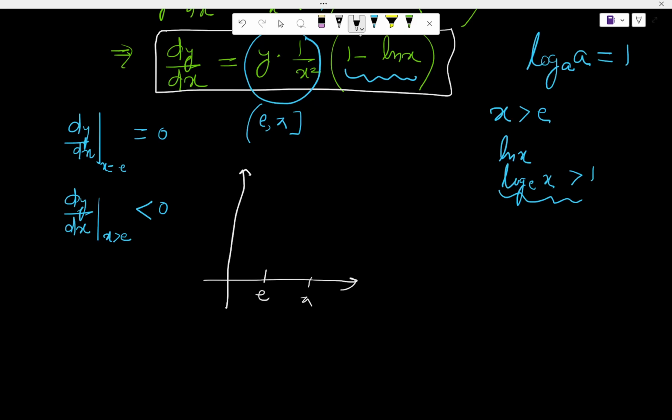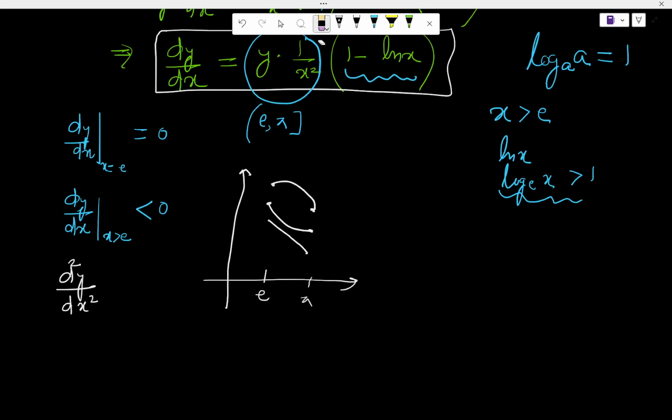But the function can fall in multiple ways. It can be a straight fall, it can be a concave upward fall, or it can be a concave downward fall. To know how it's falling, we'll have to take a double derivative. We have to compute d square y upon dx square, but that's beyond the scope of this particular video.